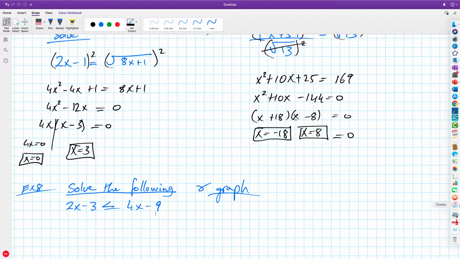Let's just make sure we know where we're at. So we know what we're doing with the graph, just like a number line.